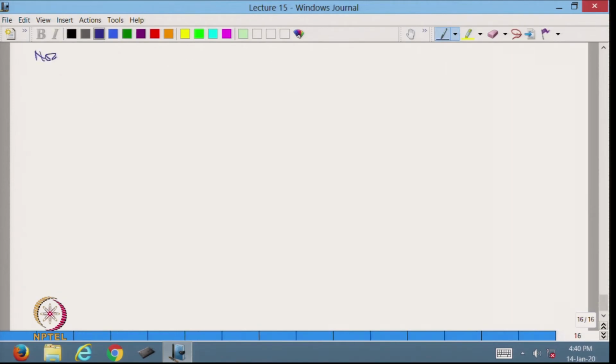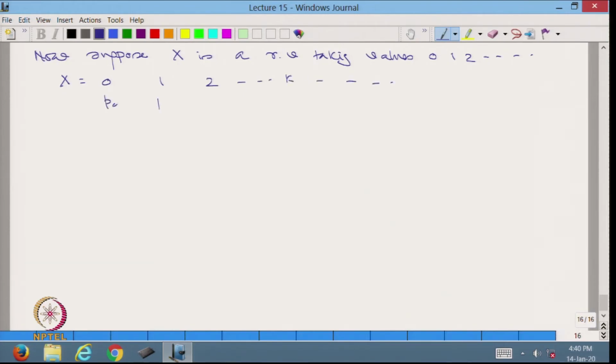Now, suppose x is a random variable taking values 0, 1, 2 up to infinity, like this. X takes the value 0, 1, 2, k with p0, p1, p2, pk. Consider qk is equal to probability x greater than k.